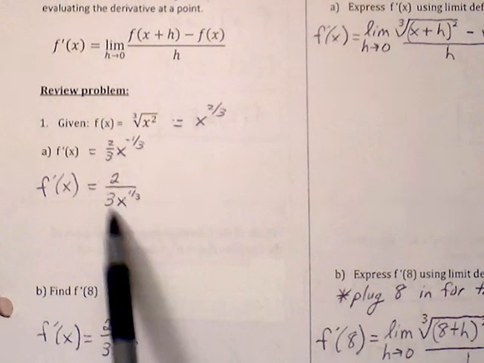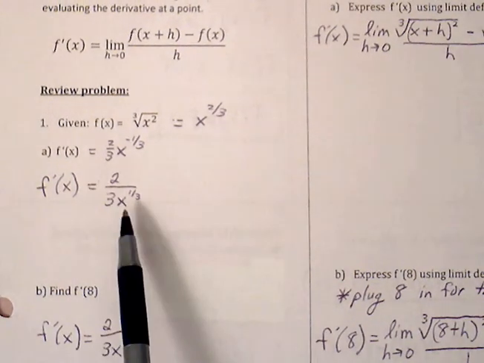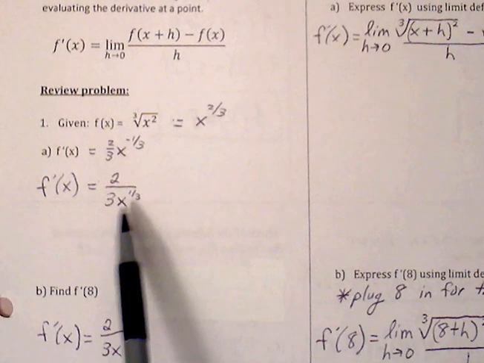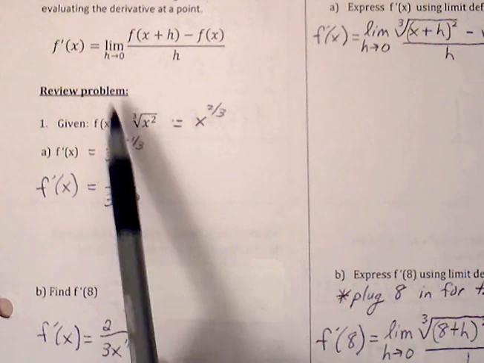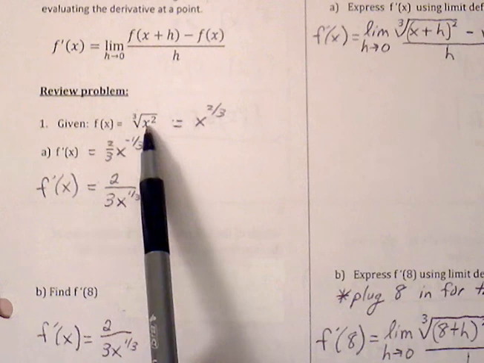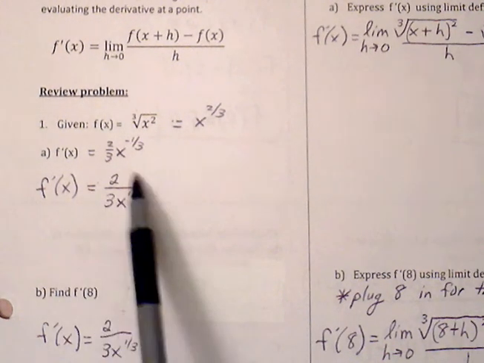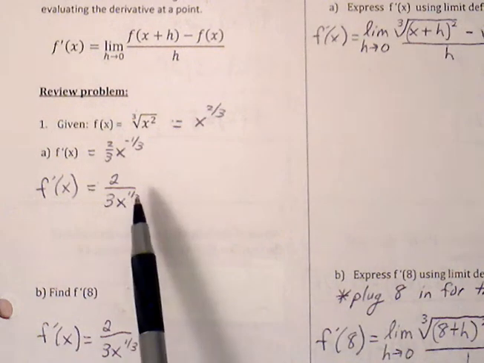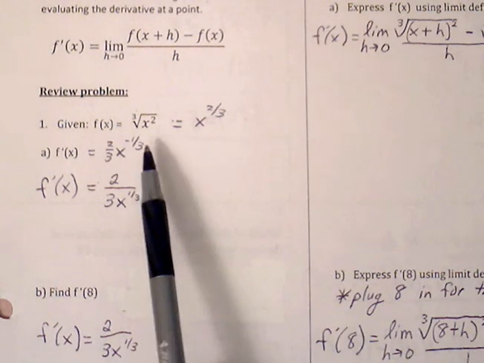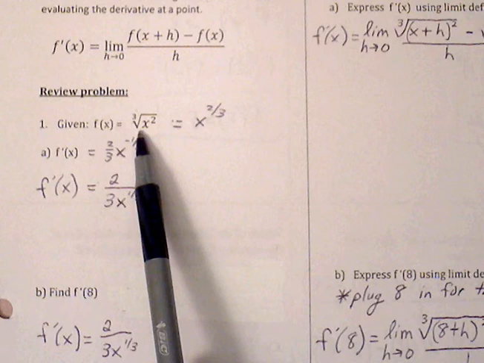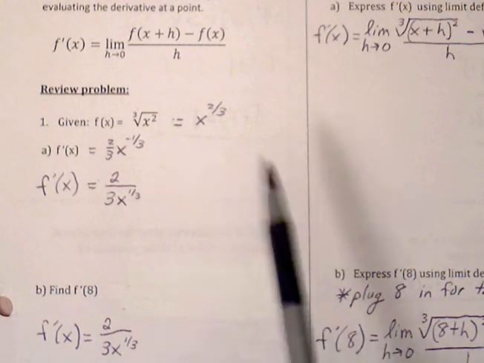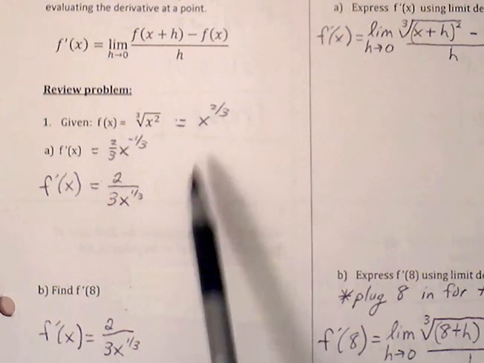Now this represents the slope-finding formula for this function. Any x value I plug in will tell me the slope, the steepness of the curve at a specific point.